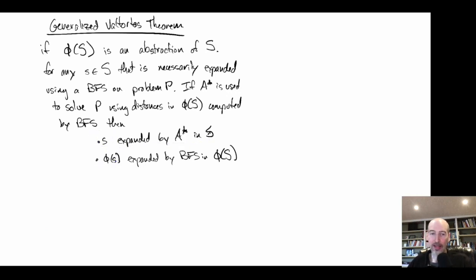Now, this may seem really abstract, but the general idea is that if I can come up with a way of abstracting states together, then when I want to build a heuristic from that abstract state space, I will be able to have one expansion in the abstract space avoid potentially many expansions in the low-level space. In the next video, we'll look at how this actually works in practice and how we're able to build pattern databases out of this. So we're going to stop here and go ahead and look at the next lecture to see what's going on from here.